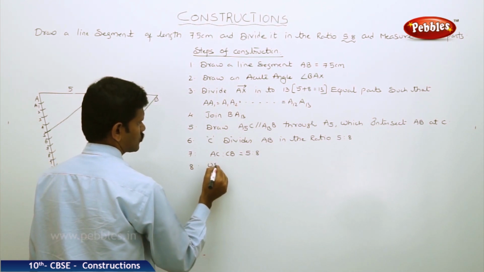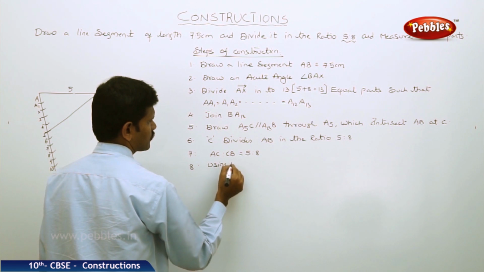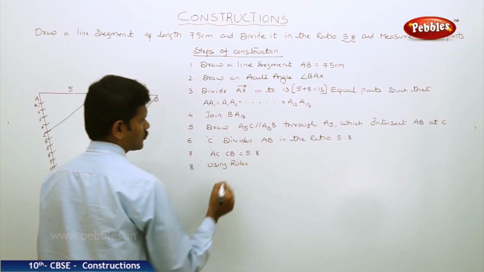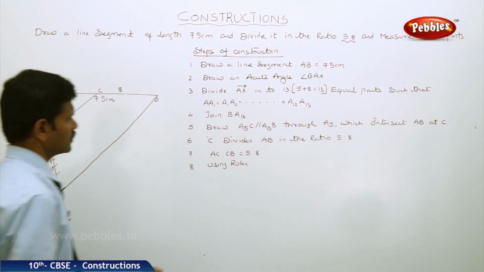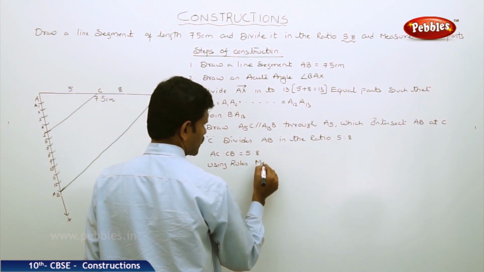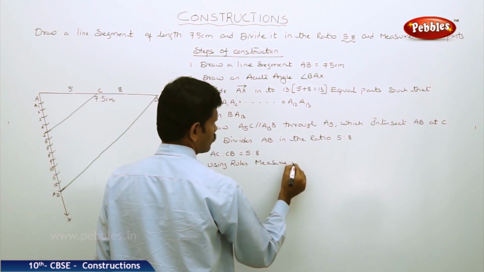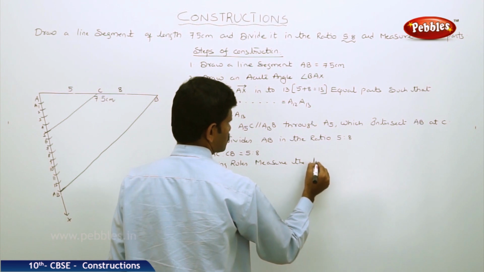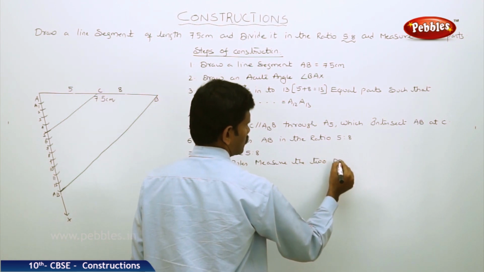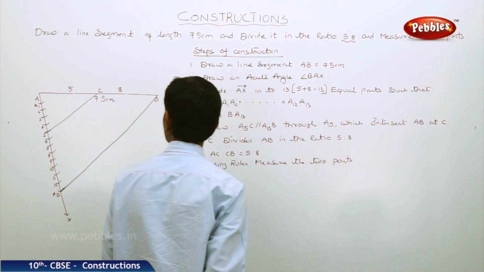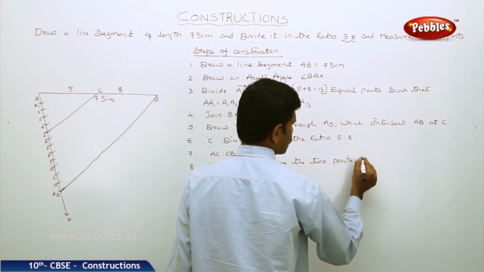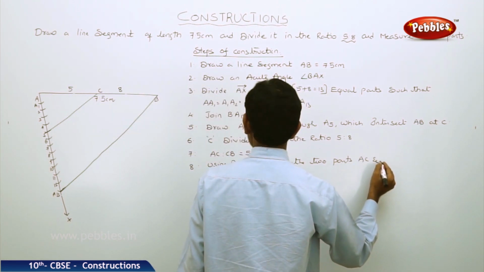Next, using a ruler, measure the two parts AC and CB.